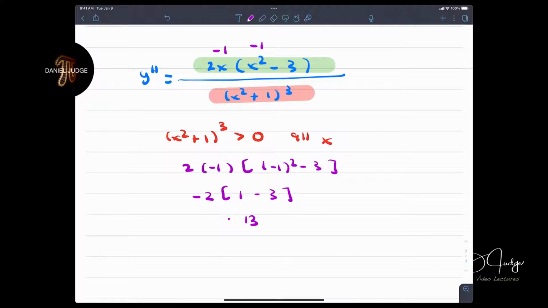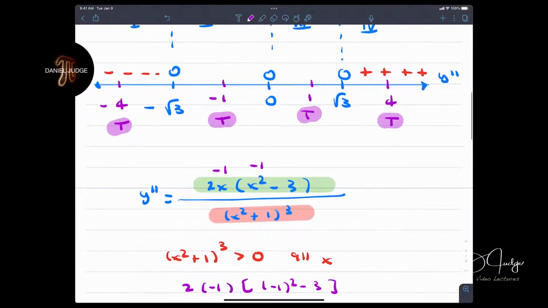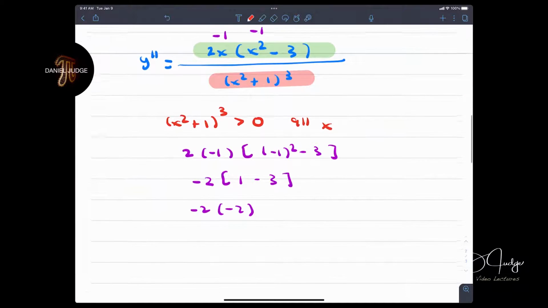Positive 1, 1 minus 3. So it looks like we're going to have -2 times -2. Let's be careful here. -2, yes, positive. So region 2 is positive. Okay, let's test region 3.